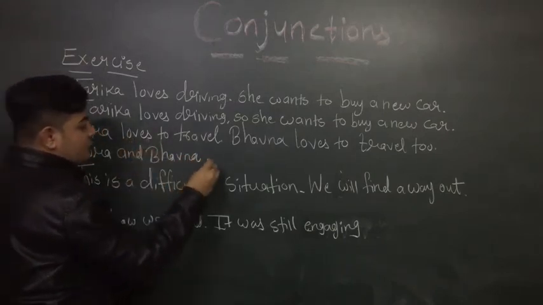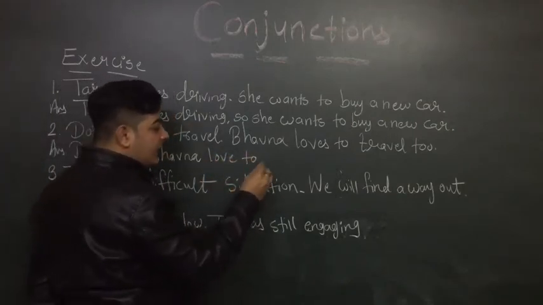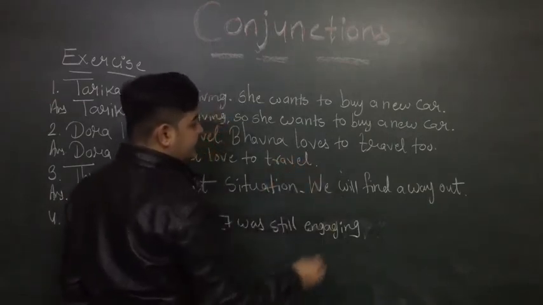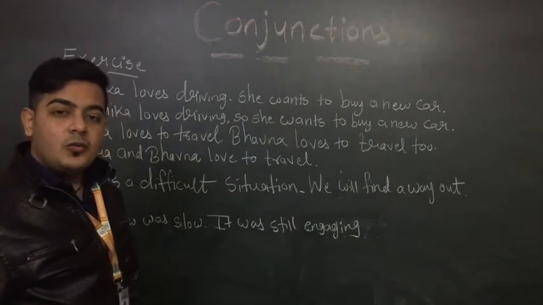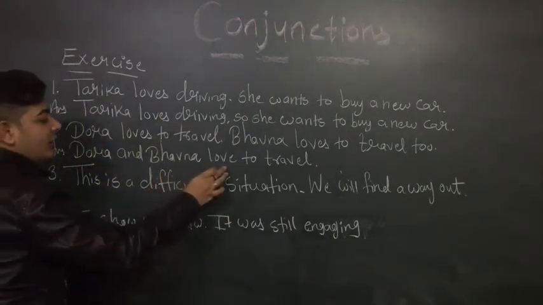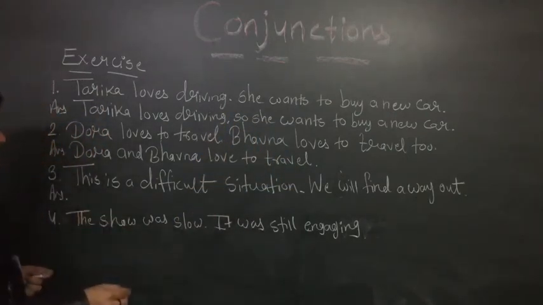Now loves हटके क्या हो जाएगा? Love, that we already know when it comes plural, then we don't have to use es after the verb. ठीक है? Dora and Bhavna love to travel. ठीक है students?